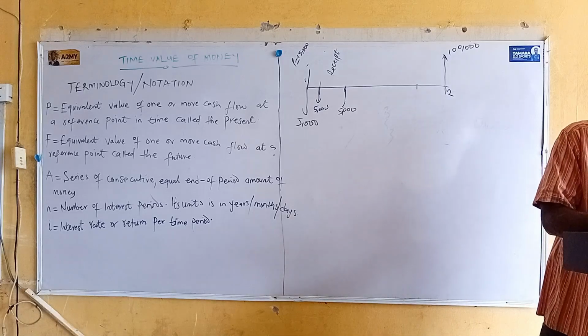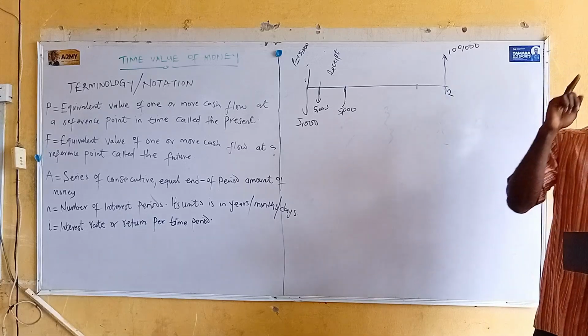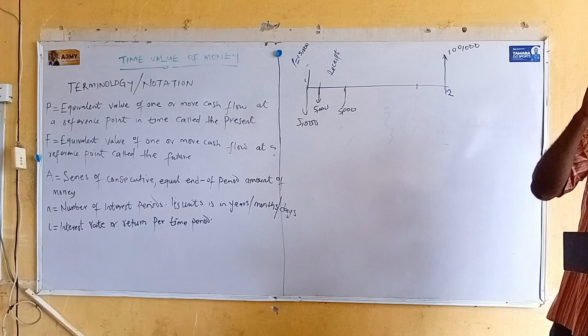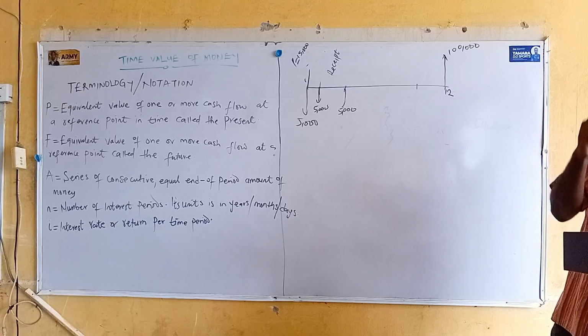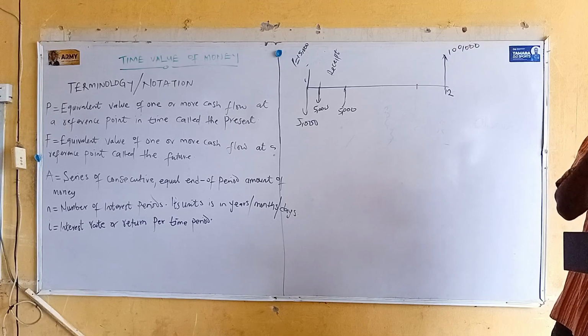So let's look at this one. You deposit 50,000 into your savings account that pays you 8% per year. You plan to withdraw an annual end of year amount of 10,000 for 5 years, starting from next year.